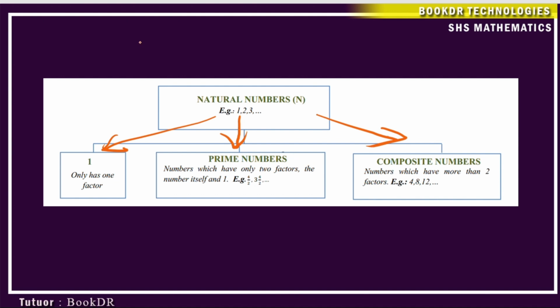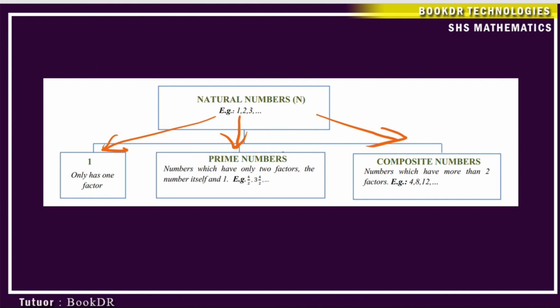We can also classify numbers as to whether they are divisible by 2 or not. Numbers that are divisible by 2 are known as even numbers, and those that are not divisible by 2 are known as odd numbers.